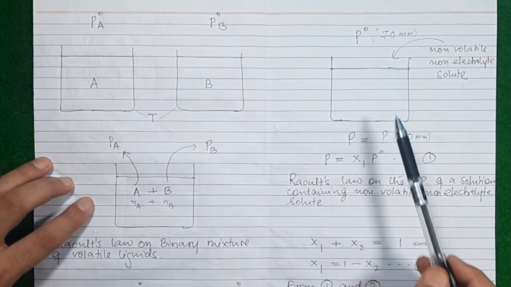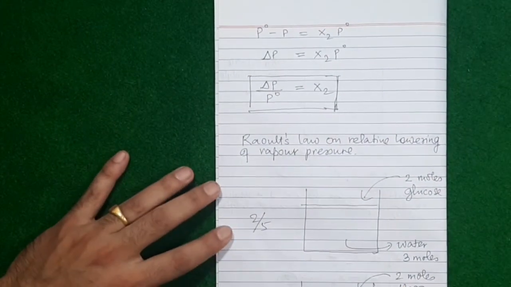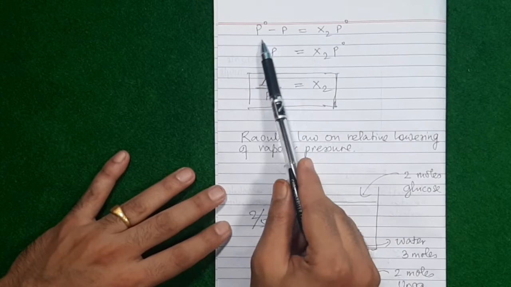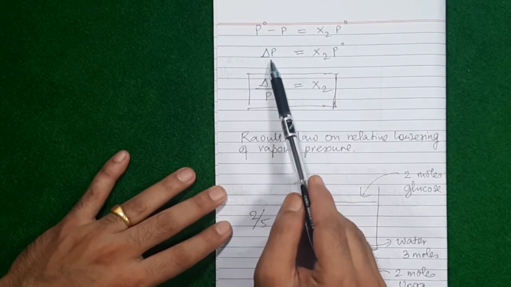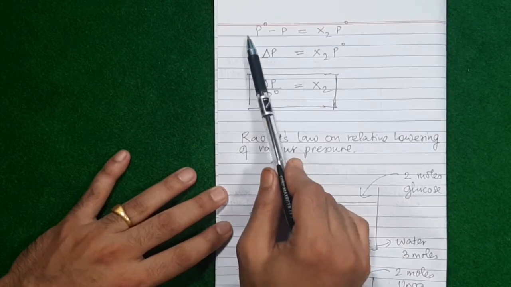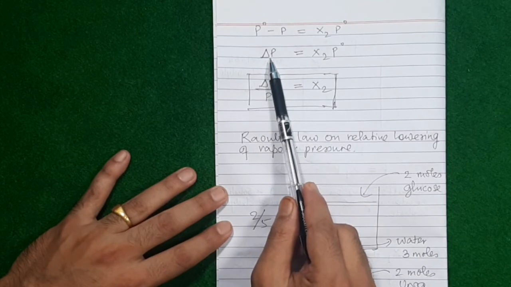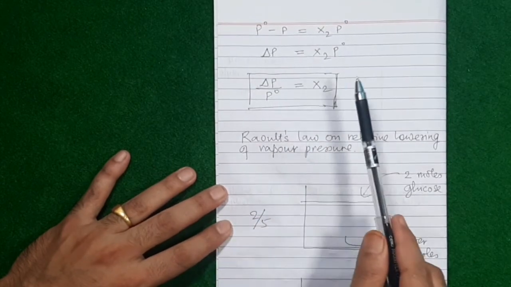Yeah, from 70 to 60 there is a decrease of 10, and that 10 is the amount by which the vapor pressure has been lowered, and that decrease in vapor pressure is called lowering of vapor pressure, which I'll write as delta P because it's a difference of vapor pressure. So delta P is known as lowering of vapor pressure. It's the amount by which the vapor pressure has gone down from pure state to solution.